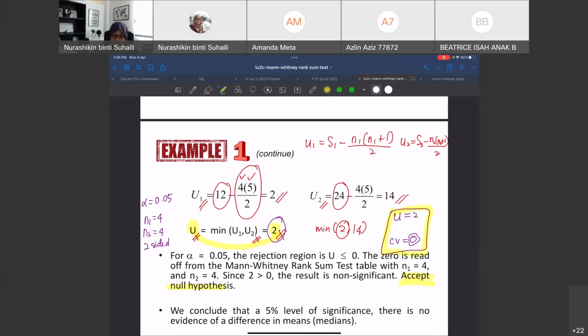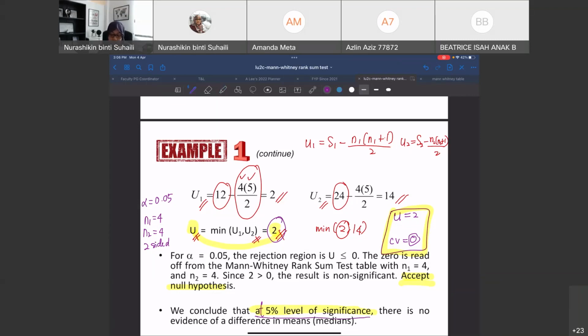So the conclusion is, what is your null hypothesis? Back to your problem: there is no difference. Of course you have to add this sentence, at 5% level of significance. This is important because your analysis is based on that alpha value, so this is compulsory to be stated.